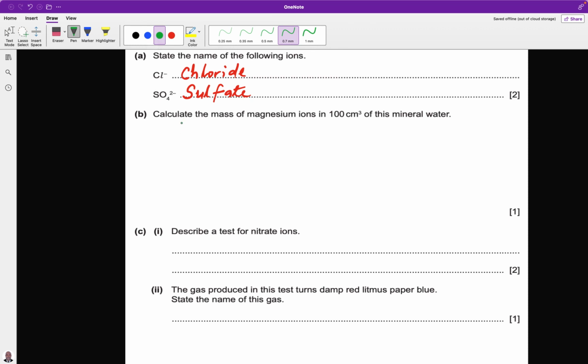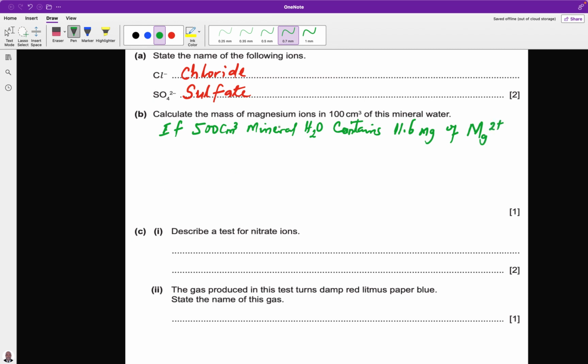We can say a 500 cm cube of mineral water contains 11.6 milligram of magnesium ion.